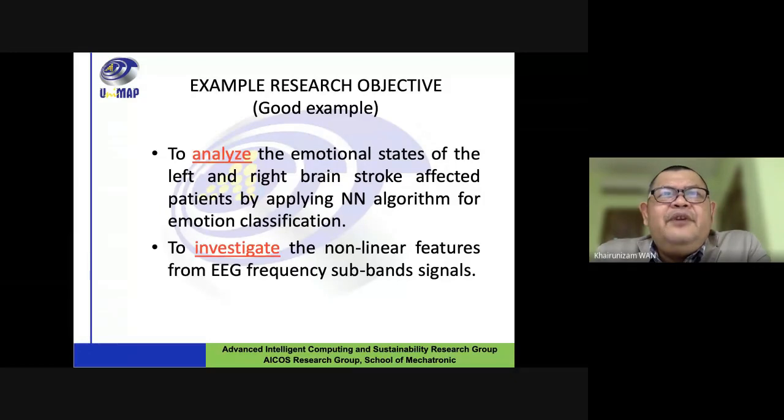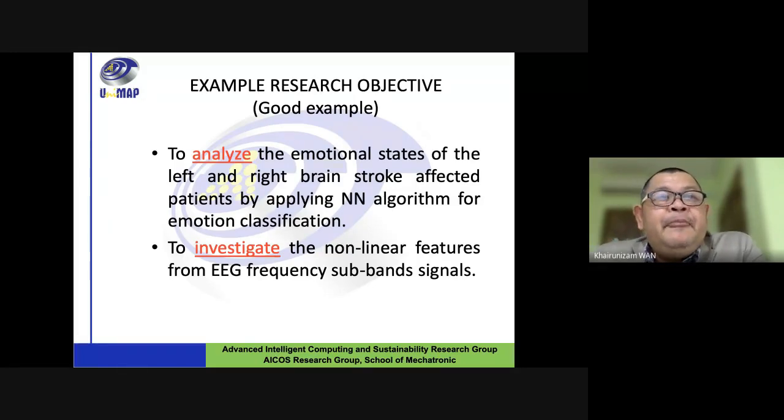Based on the analysis, we can draw the conclusion. That's why one of the criteria of SMART is measurable. Analyze means that the objective is measurable. So please use a proper keyword.